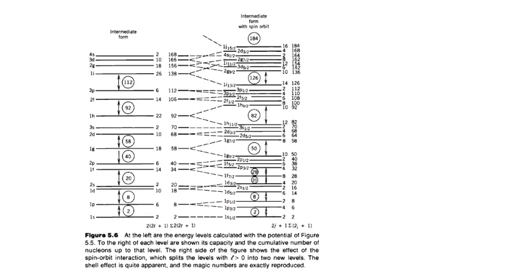So together p3 by 2 and p half can accommodate 6. And by the occurrence of next energy gap, you would have filled 2 plus 6, which is 8 nucleons. Now I have a set of 3 energy levels after which I have a gap. Now filling in those 3 energy levels, d5 by 2 can accommodate 6, s half can accommodate 2, and d3 by 2 can accommodate 4.